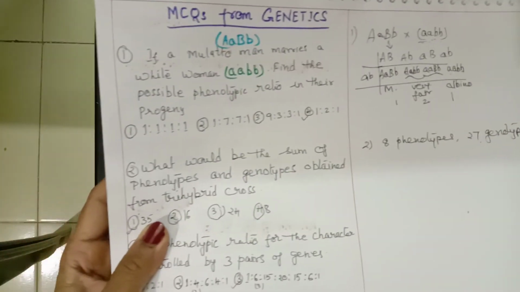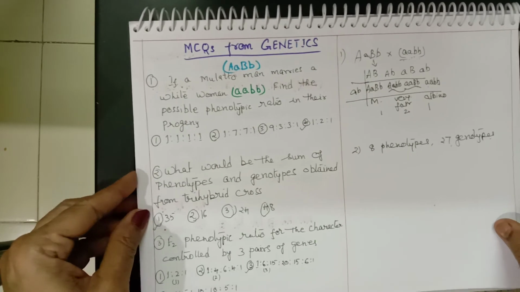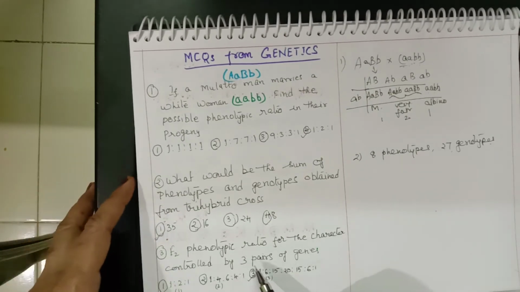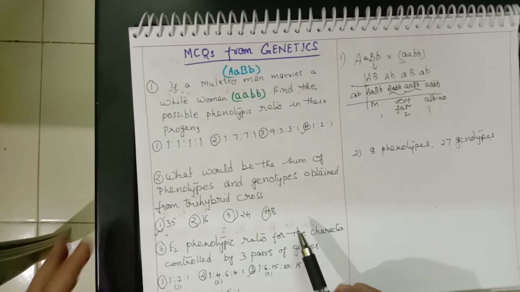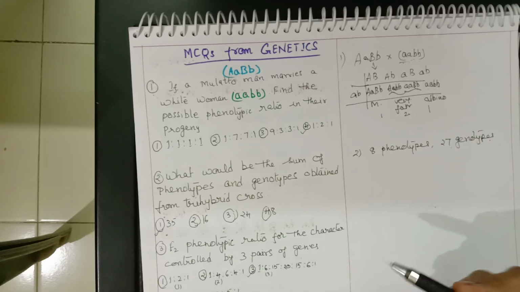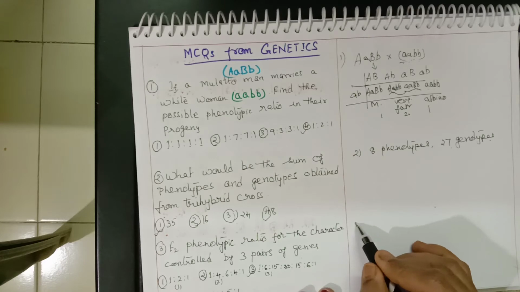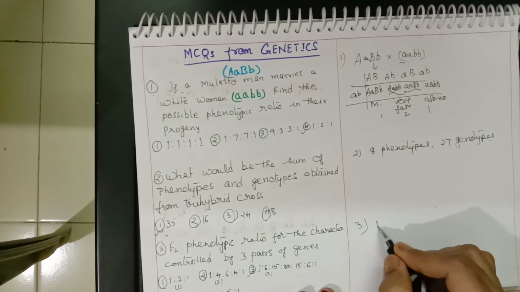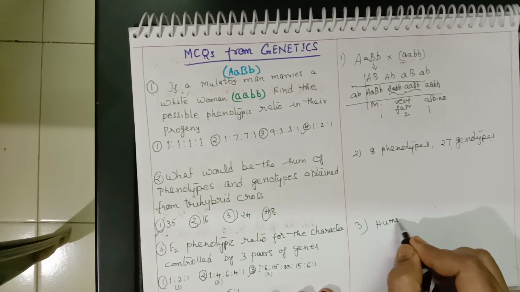Now let us go to the next question. F2 phenotypic ratio for the character controlled by 3 pairs of genes. So this, you know, is a trihybrid cross. Trihybrid, 3 pairs of genes. One example we can take for this is human skin color.